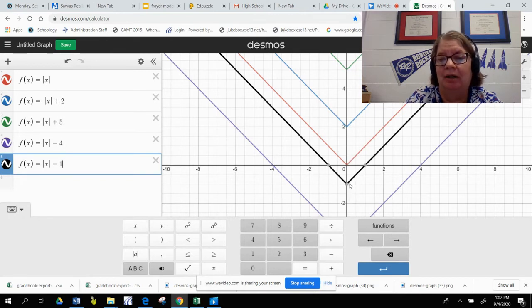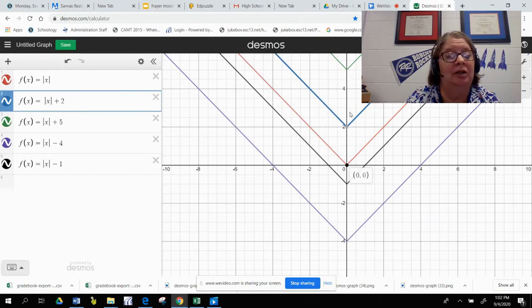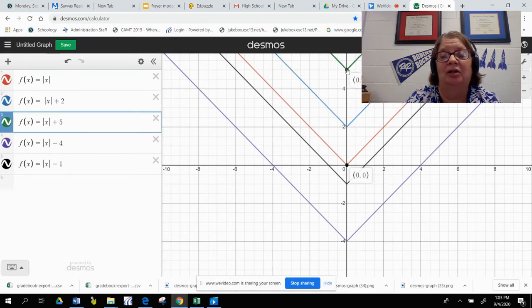How many? 1. That's another neat thing with Desmos. If you hover over that point or click on that point, it will tell you what that point is. Look, here's absolute value of x. Here's absolute value of x plus 2. Absolute value of x plus 4. No, that's 5, sorry.